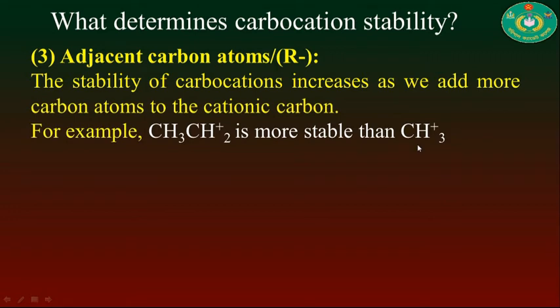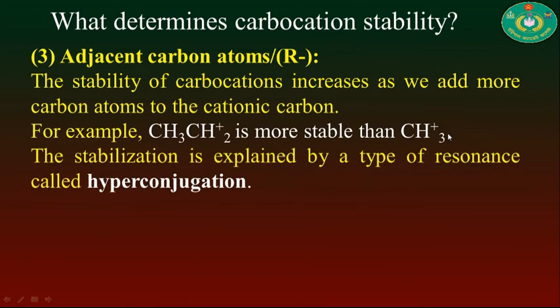And we already know that if alkyl radicals increase, then the stability also increases. So in this case the ethyl carbocation is more stable than the methyl carbocation. The stabilization is explained by a type of resonance called hyperconjugation, which will be discussed later.